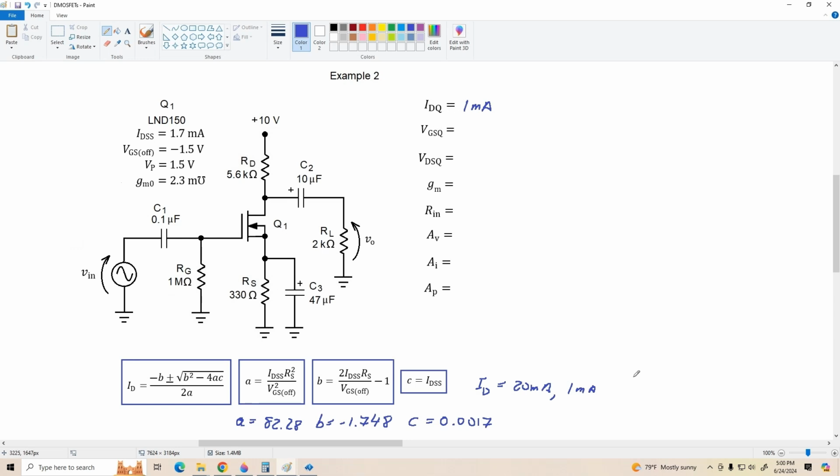Remember, VGS equals negative ID times RS. So 1 milliamp times 330 ohms is 0.33, so VGS should be negative 0.33 volts. All right, now using the graphical approach, I've already got it up here.